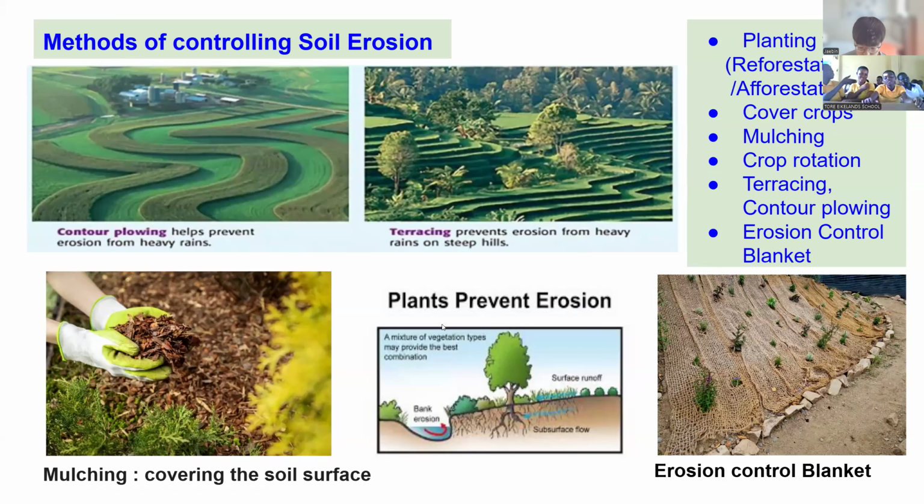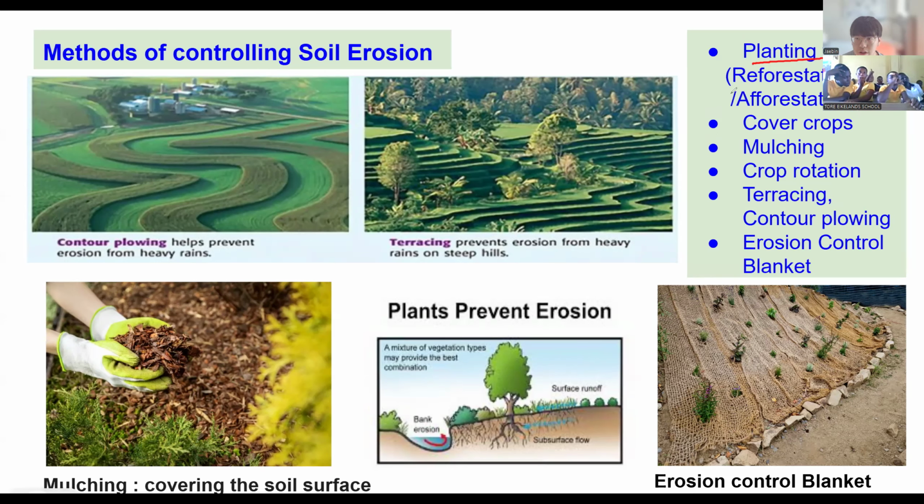Here are also some examples of controlling soil erosion, because we want to prevent soil erosion, right? You can prevent soil erosion by planting trees. It's called reforestation or afforestation.